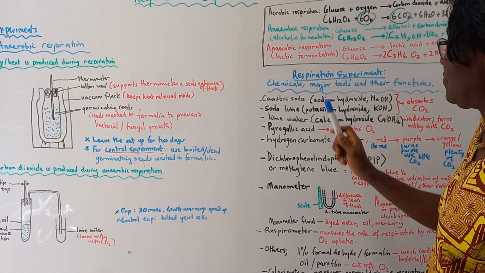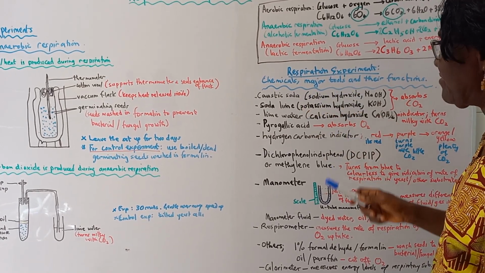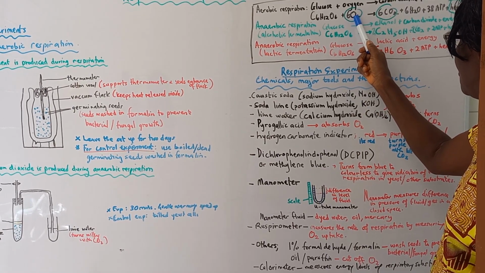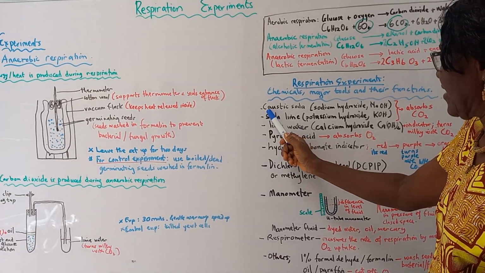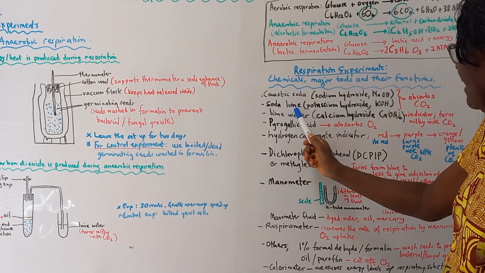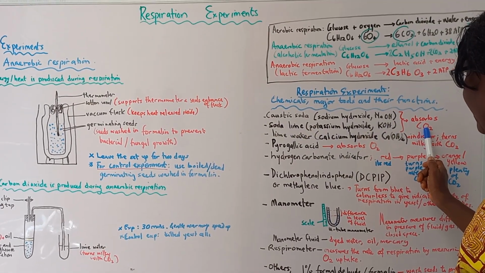So, experimenting on respiration, we want to look at major chemicals, tools, and their functions, which we would use to prove oxygen absorbed, carbon dioxide evolved, and heat evolved. We have chemicals: caustic soda, sodium hydroxide, soda lime, potassium hydroxide. These absorb carbon dioxide.